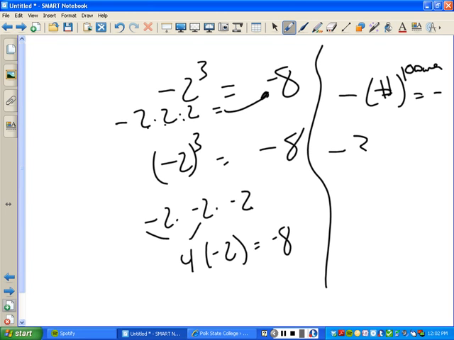Whether it's minus 3 squared, minus 5 cubed, or minus 8 to the 0, that's negative 1. This is negative 125. This is negative 9. If you have the minus out front of the number and the exponent, the answer is going to be negative no matter what. I mean, I shouldn't say no matter what, but most of the time.